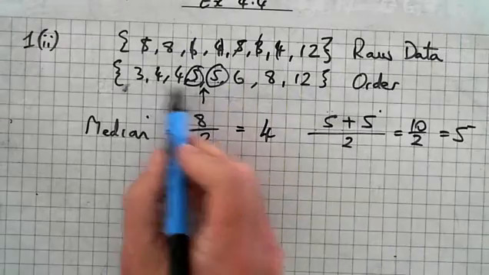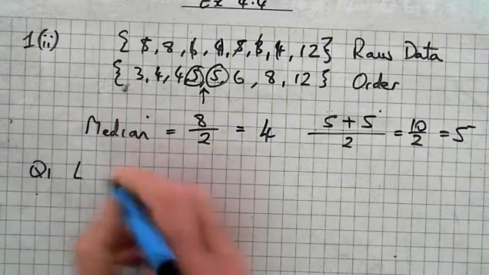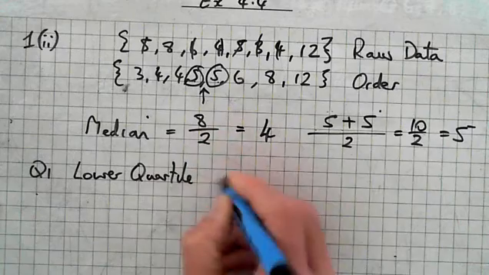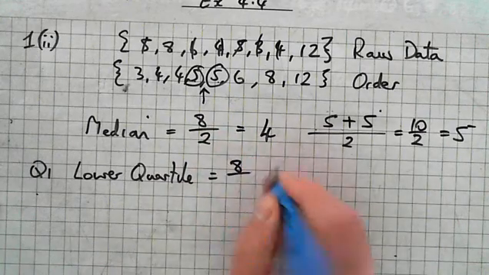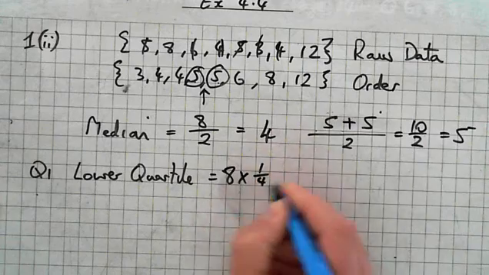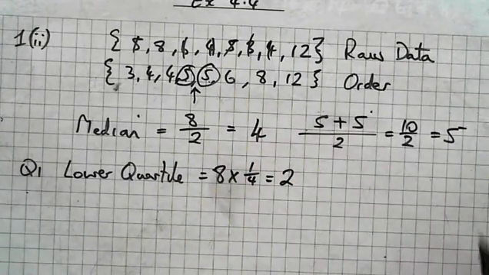Okay, so then I go for the lower quartile, Q1. So I take 8 and I multiply by a quarter, which is 2.